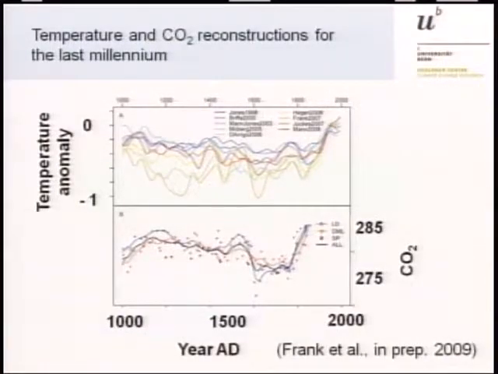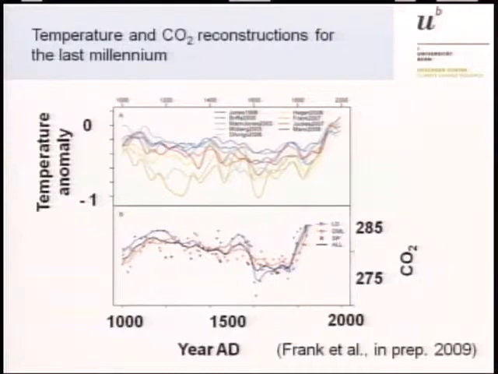Here, plotted is temperature and CO₂ evolution as reconstructed for the last millennium. In the top panel, you see the meanwhile well-known reconstructions done by the different groups. You see these different spaghetti lines with differences in the magnitude of the fluctuations.